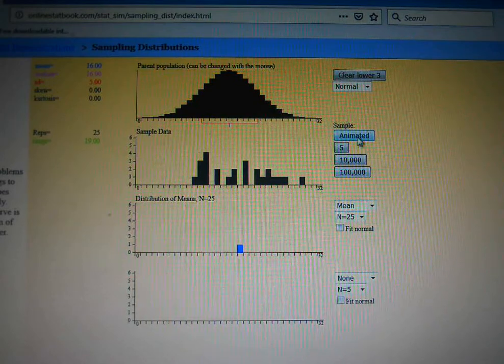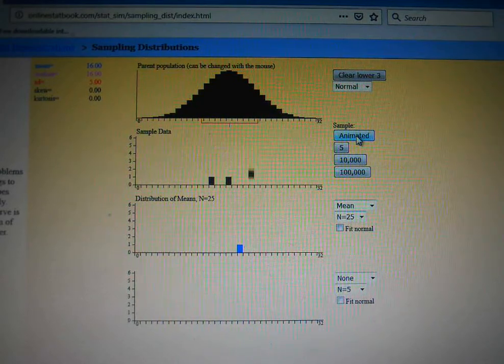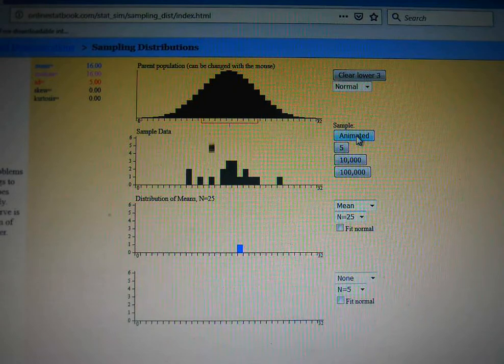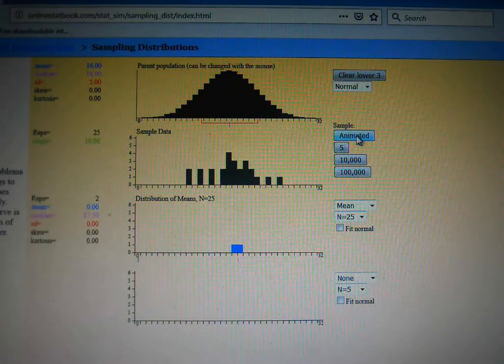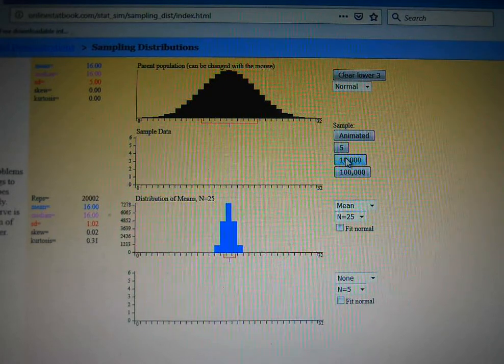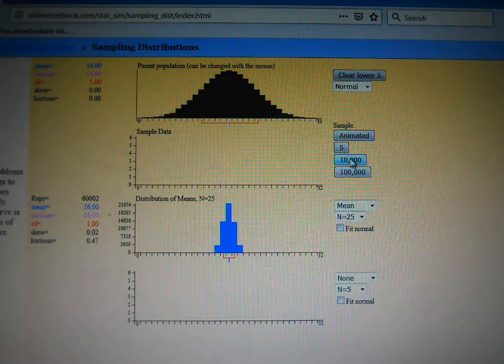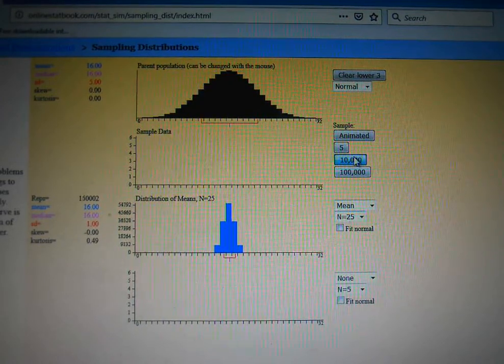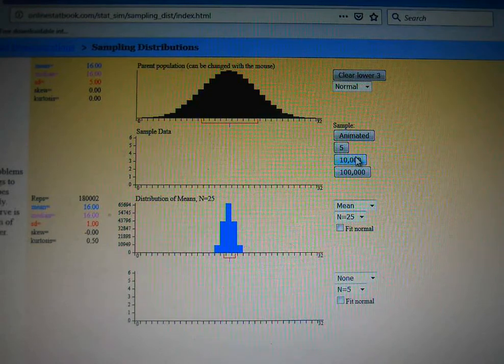Okay, if I do that one more time, just so you can see it again, it's going to randomly choose 25 more, calculate the sample mean and plot it. Okay, and then if I do that many times again, notice the shape isn't changing even though the frequency is. The shape is not changing.